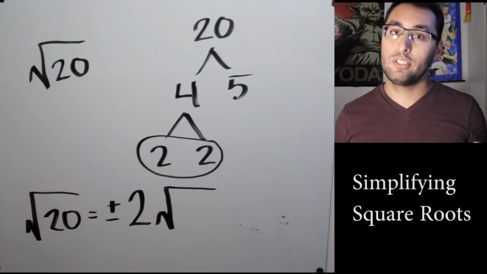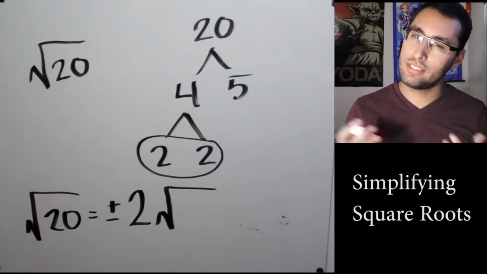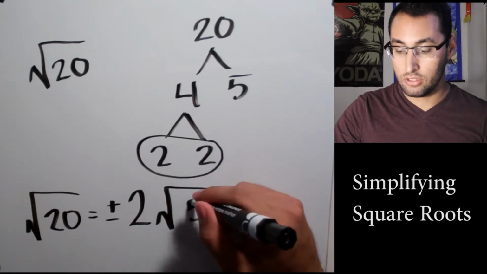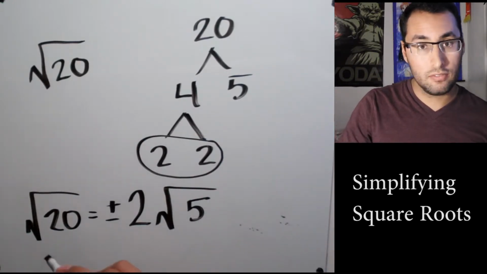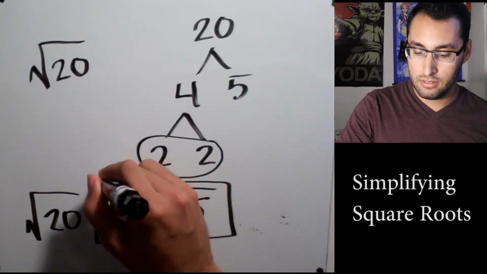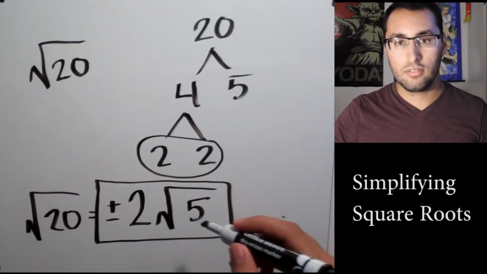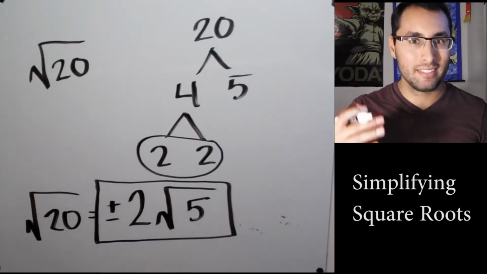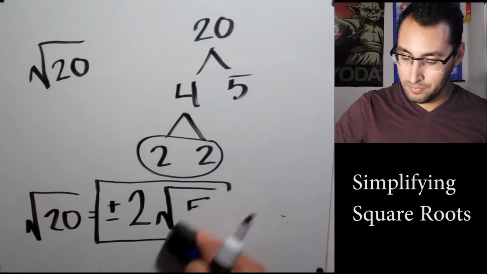If you don't have a pair, you stay inside the square root. You don't get to come out. So 5 stays on the inside. Our answer for the square root of 20 is plus or minus 2 root 5. If that didn't help, let me do another one.